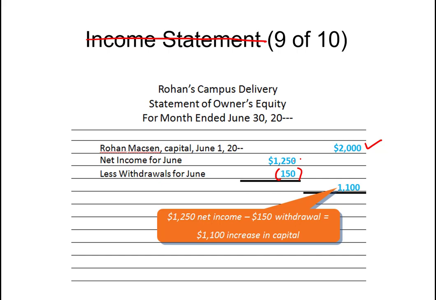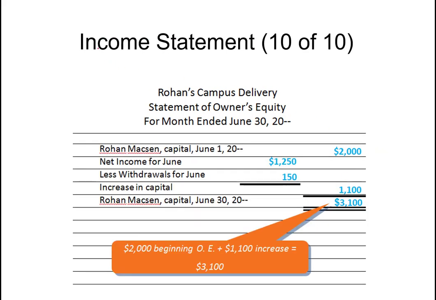So 1250 minus 150 gives you 1100. This is an increase in capital. So your capital will be 3,100. This is the latest or the closing capital, 3,100.